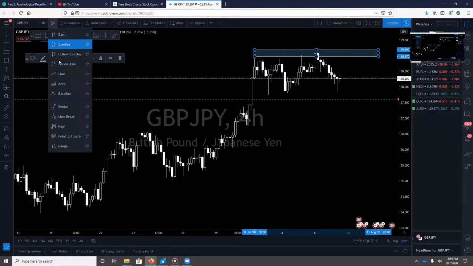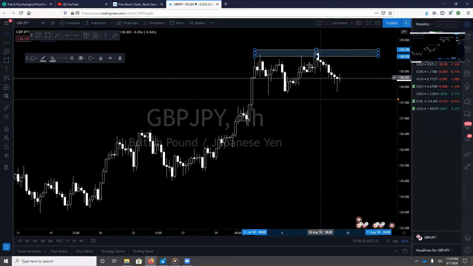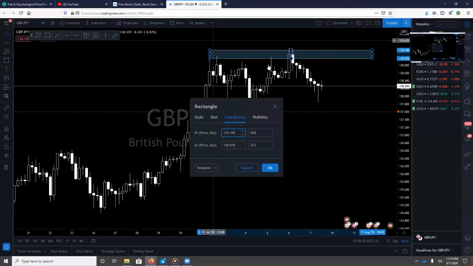I wouldn't say triple top, it'd be more like a double top in my eyes, because you see price came up, bam, rejected, or retraced at least, and then price went back up, tried to break through again, but obviously failed and got rejected. So this would be my supply zone right here.